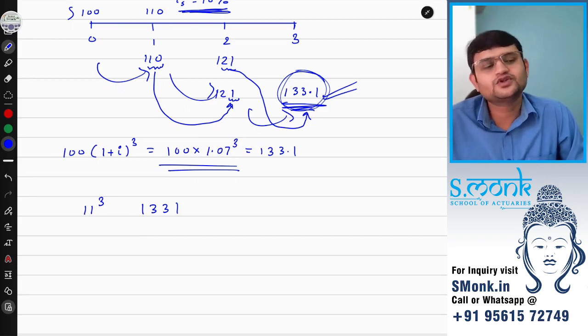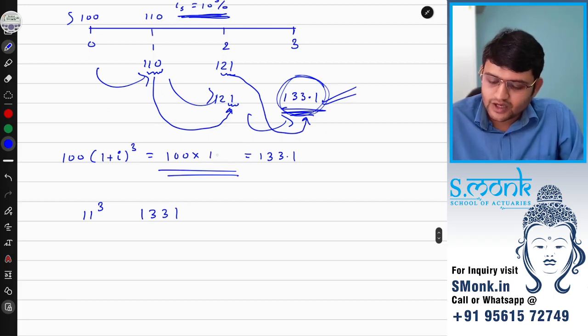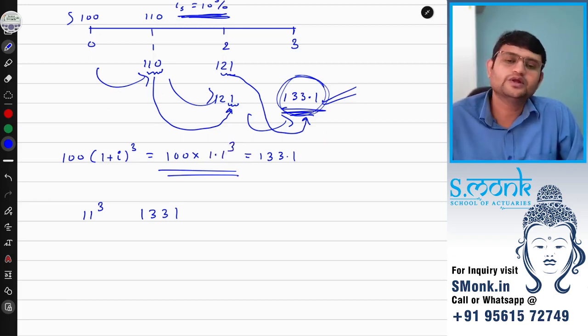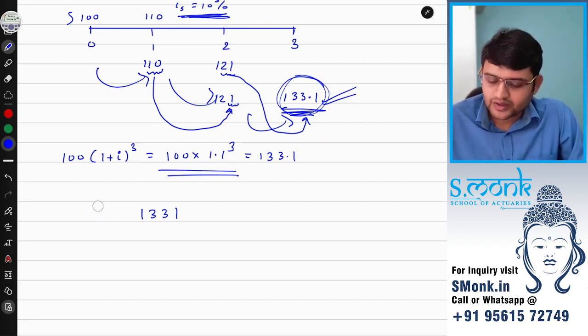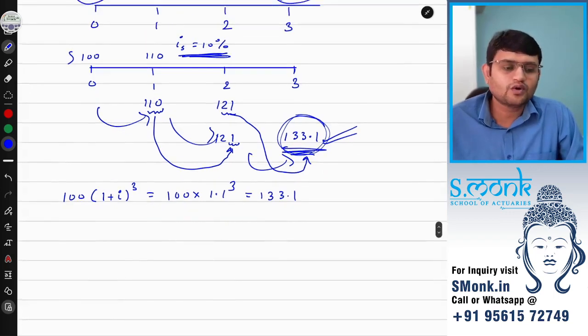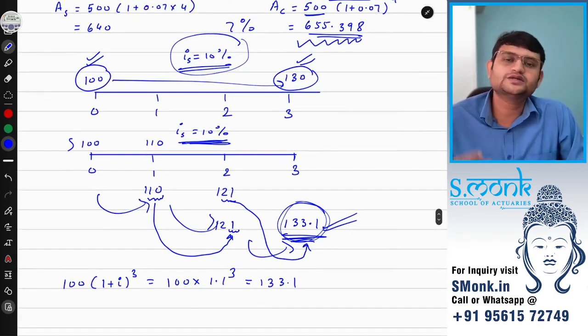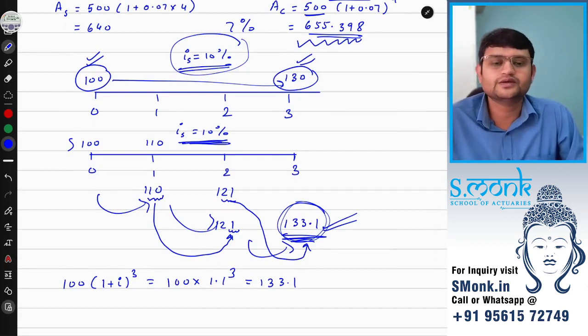And 1.07 cube, I don't know. It will be a very difficult calculation without using the calculator. So for compound interest, the calculations are very complicated. It requires the assistance of a calculator, whereas simple interest, most of the times you would not need any calculator.